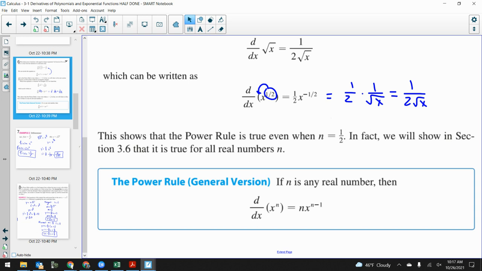So if you've got x to the third, you bring that 3 around front, and make it 3x squared. And that not only applies to whole numbers, but also fraction powers and negative exponents as well. If n is any real number, that process still applies. Okay?